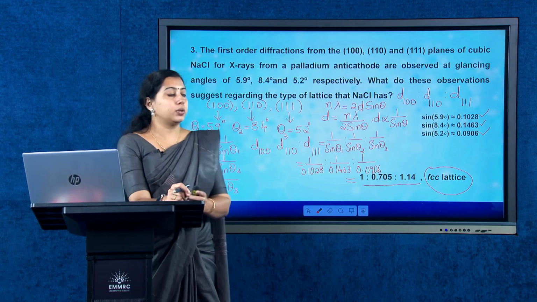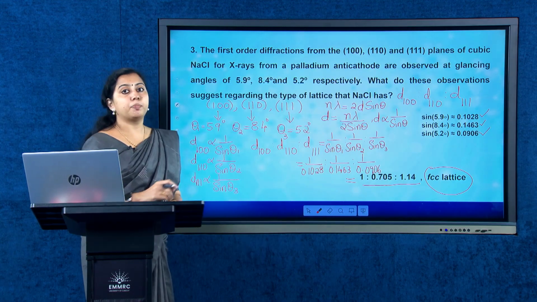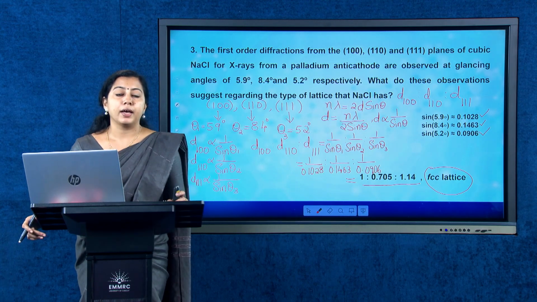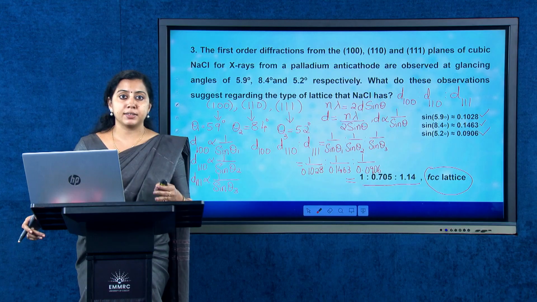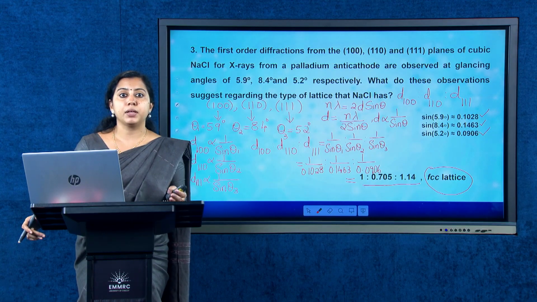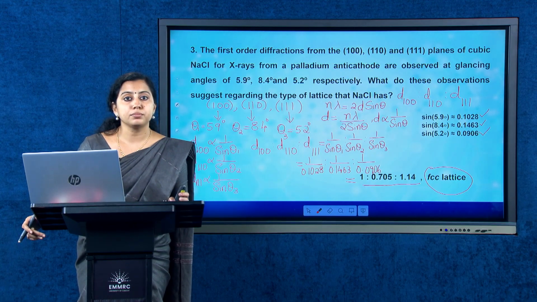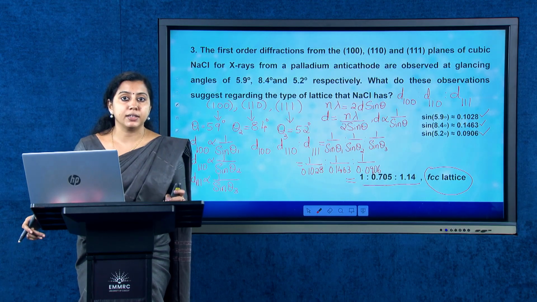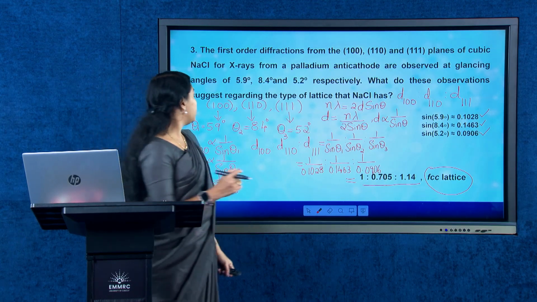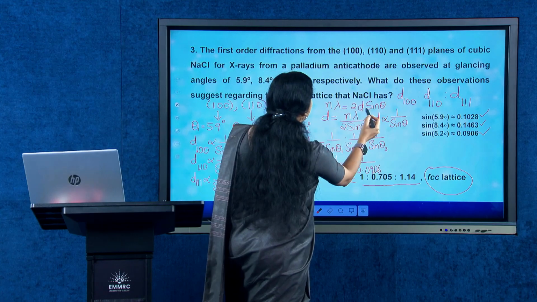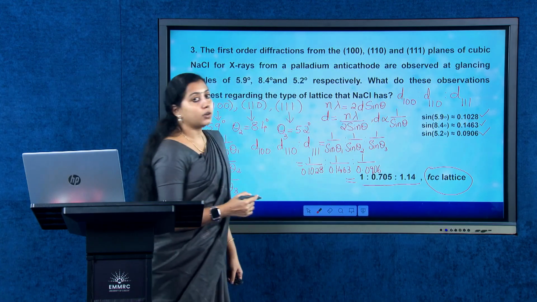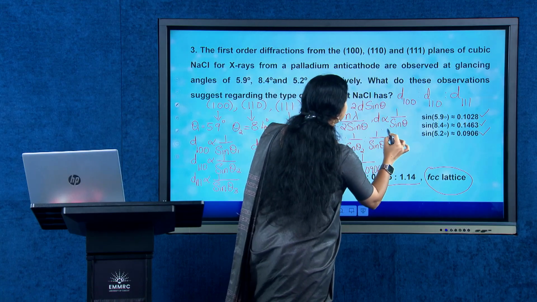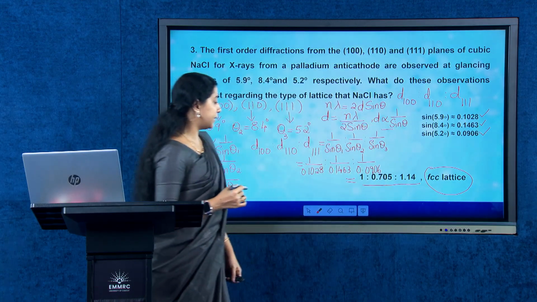In this problem, 3 different planes and 3 different glancing angles are given, and only that data is given. From that you have to find out the type of lattice that NaCl belongs to. We have the equation n lambda equals 2d sin theta, or if other parameters are constant, d is proportional to 1 by sin theta.